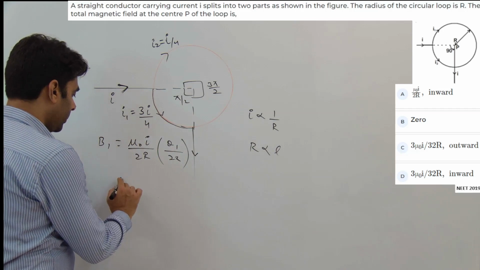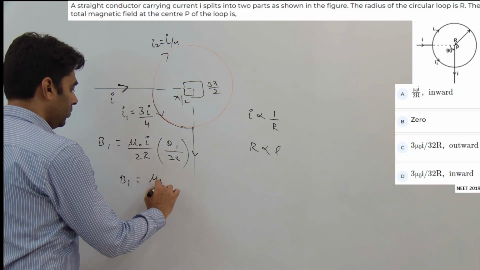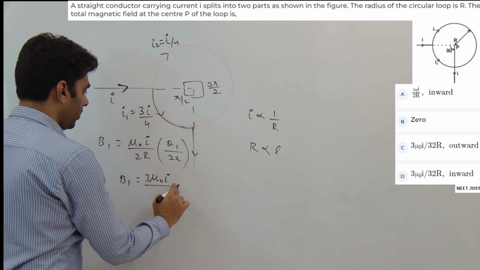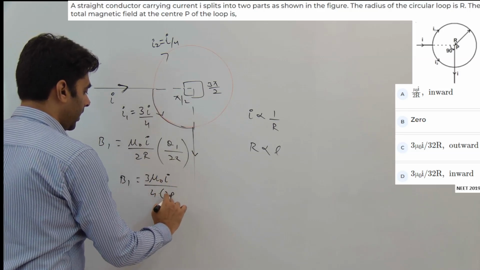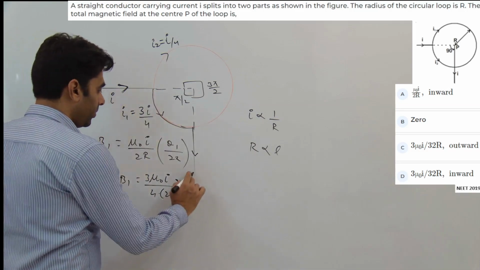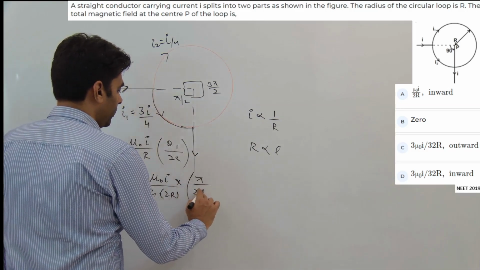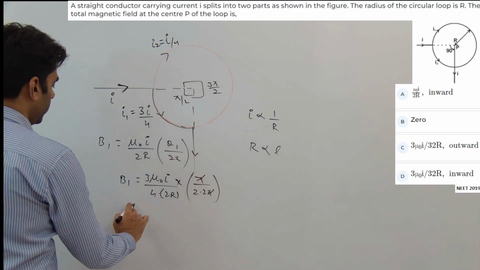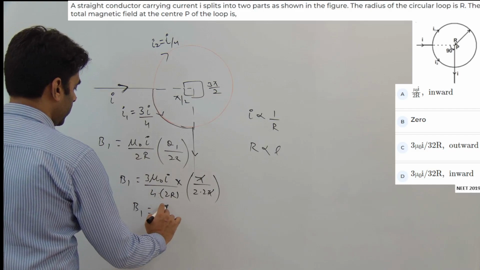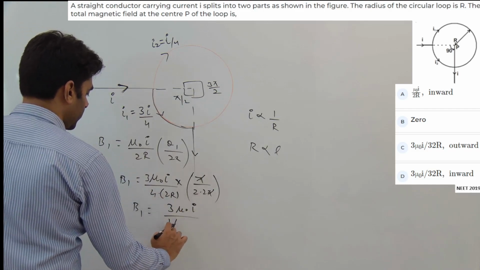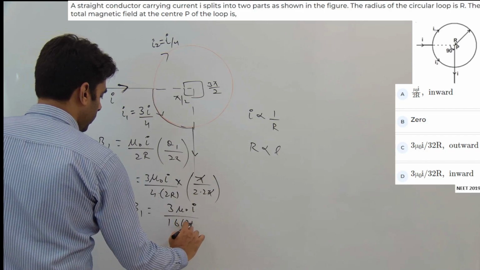So here B1 can be written as mu naught times the current, 3I by 4, into 2R. The angle subtended at the center is pi by 2, so we get pi by 2 into 2 pi. Pi cancels out and we get 1 by 4. So B1 comes out as 3 mu naught I by 4 into 4, that is 16, into 2R.